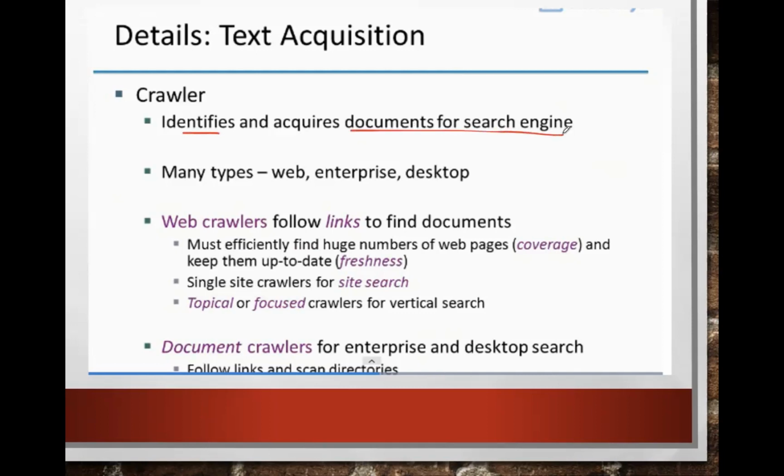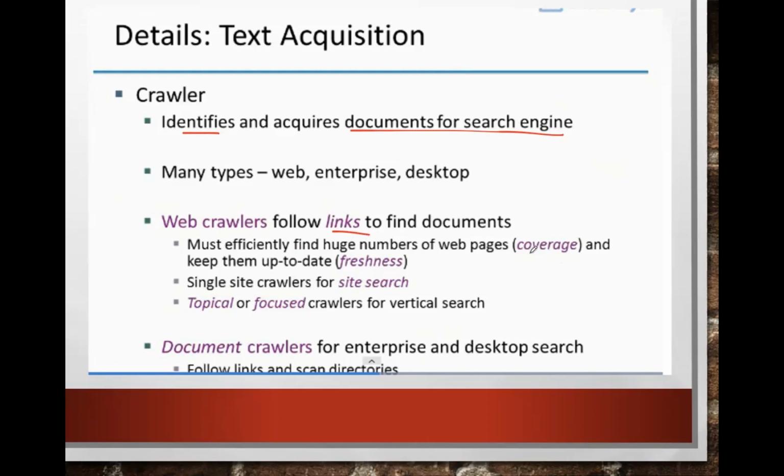And here coverage should be such that the crawler should select a sample of documents, and those documents should be updated every time. So web crawlers follow the links in order to find the documents.